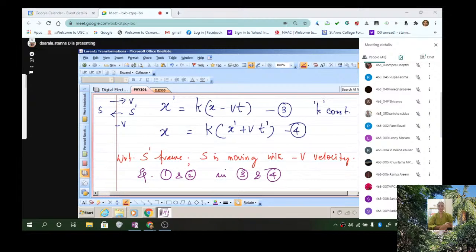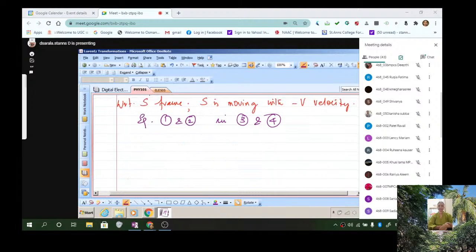If I take equation 3, let me take only the first equation 3. Equation 3 was x dash is equal to k into x minus vt. So in the place of x dash, what will I write? I write it as ct dash is equal to k. Again x, what will I write? ct minus vt. So what is common? kt into c minus v. So this becomes my equation 5.